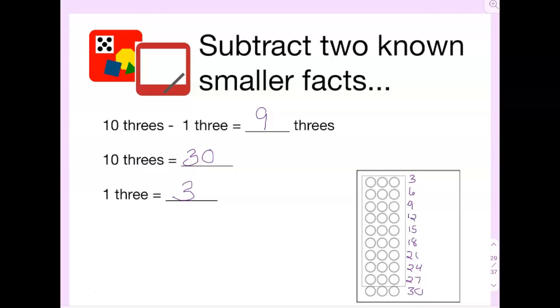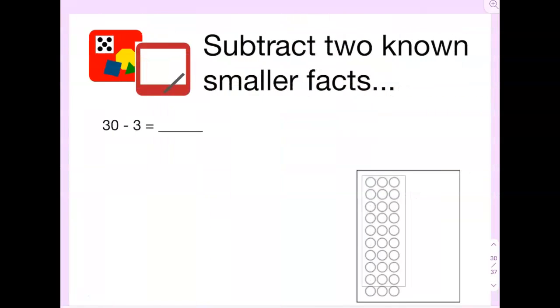Okay? So if we take 10 3's minus 1 3, we end up with 9 3's. 30 minus 3 is 27.